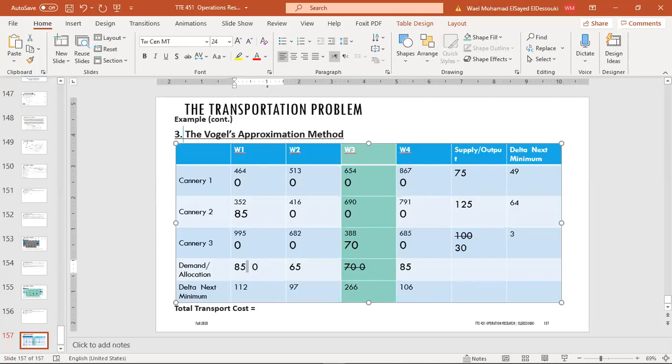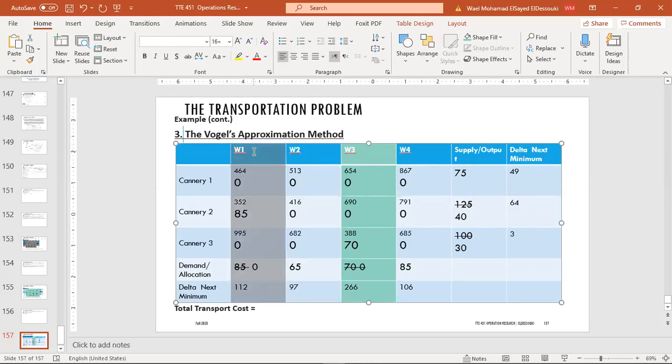So this one is striked, and this one becomes 40. And this warehouse goes out of the loop because it has been served.